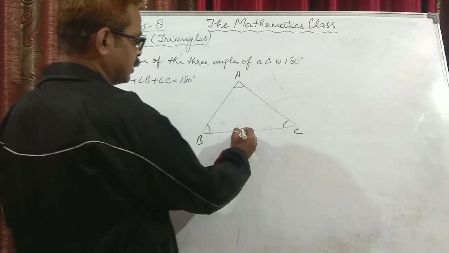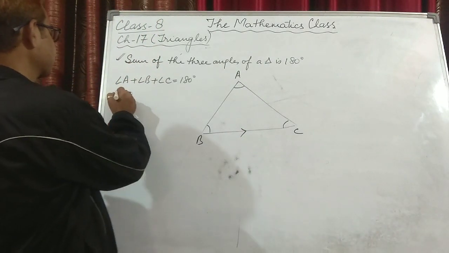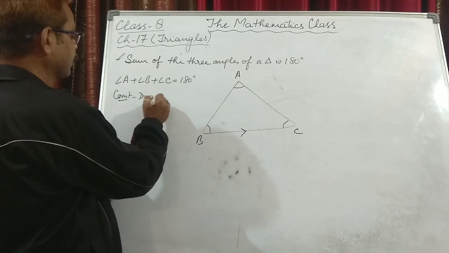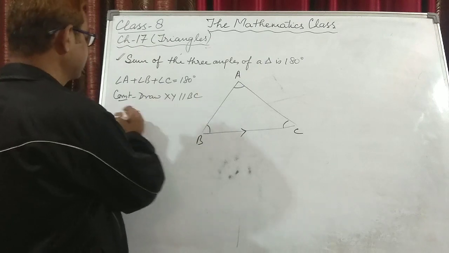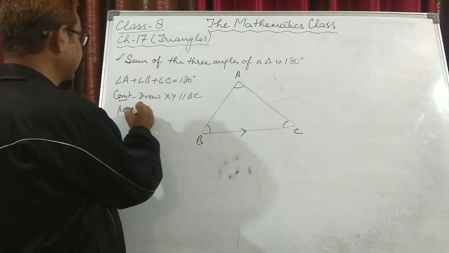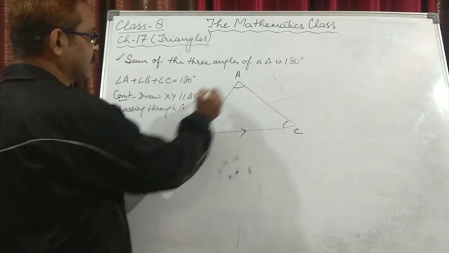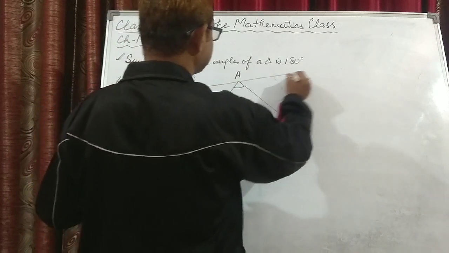What we will do? We will make a construction. What is our construction? Construction is draw XY parallel to BC passing through A. From A, we will draw a line parallel to BC, something like this.